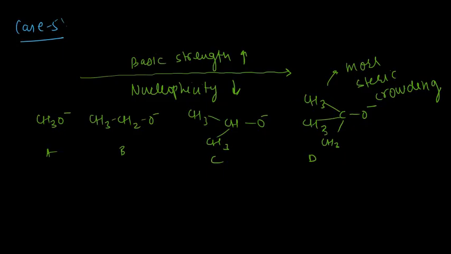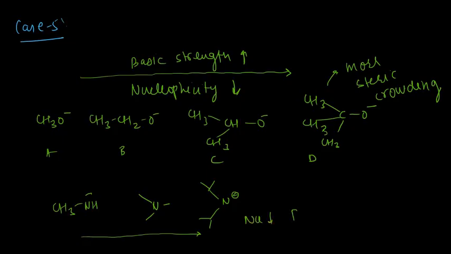If we compare the nucleophilicity between these amide ions, from left to right, nucleophilicity is decreasing, but basic strength is increasing. So nucleophilicity is decreasing and basic strength is increasing.